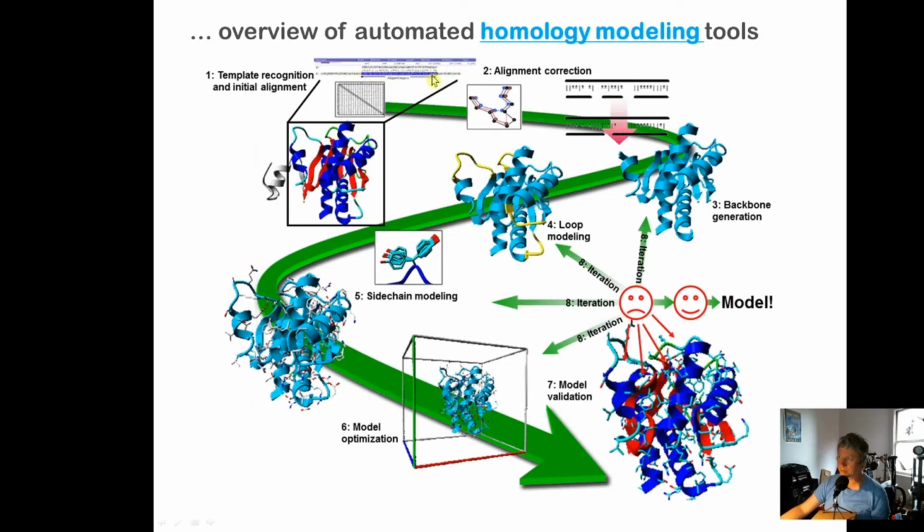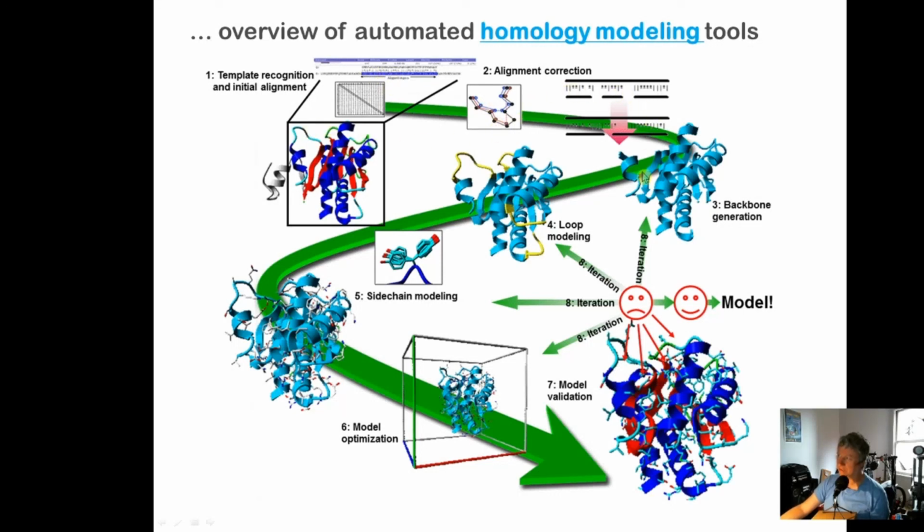The homology modeler looks for other proteins that have similar sequences, and then it finds these templates. Templates are alternate structures of other proteins that are not my protein, but they have X-ray crystal structures.